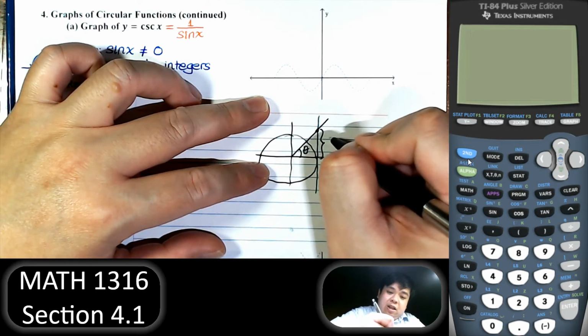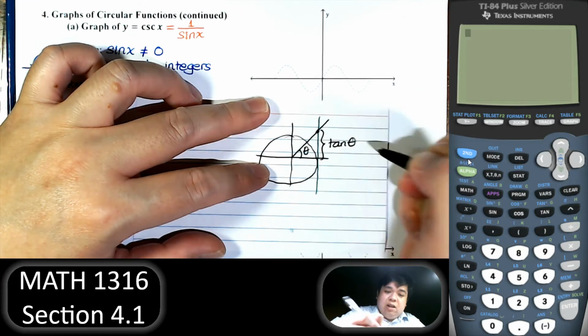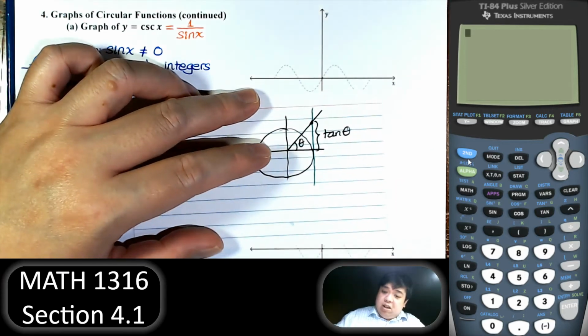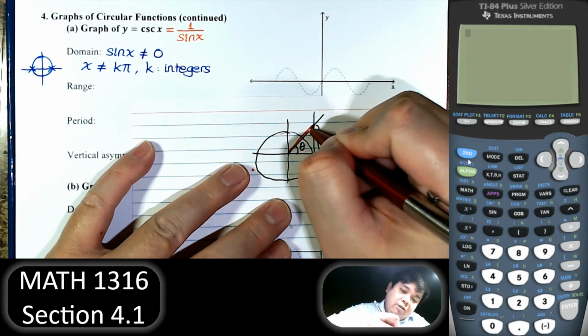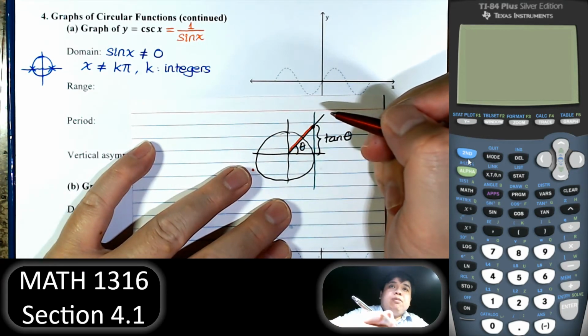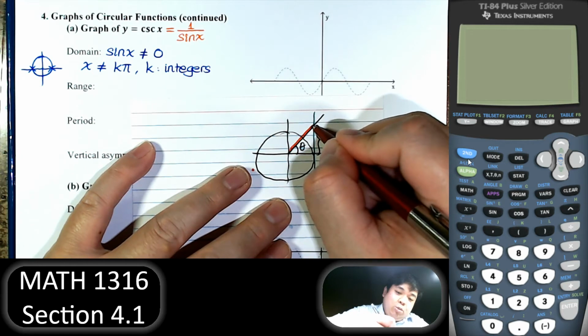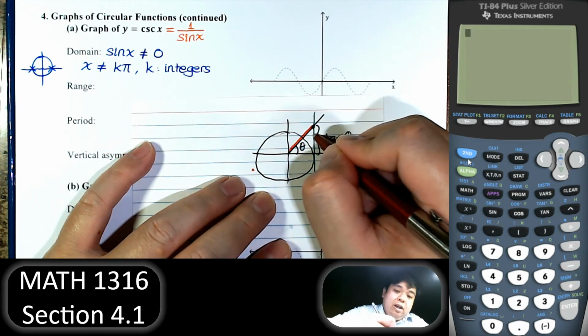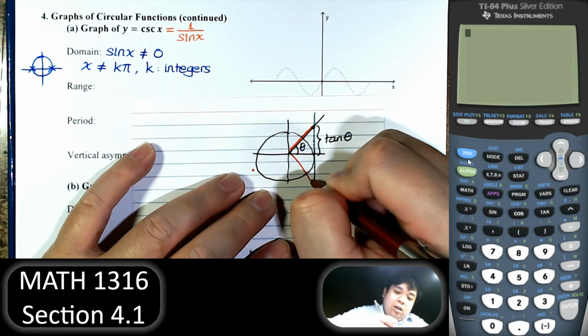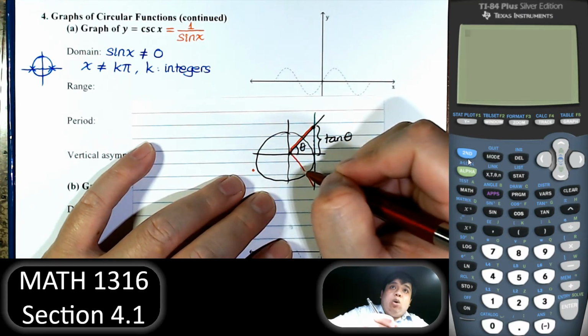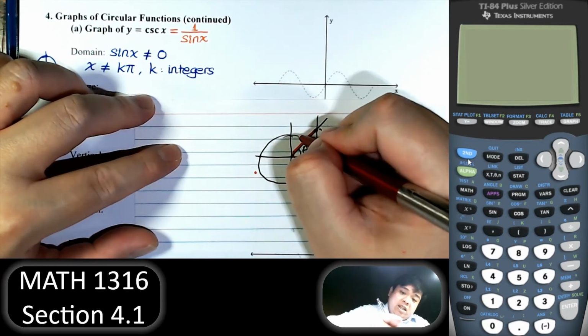This distance is tangent of theta. And the secant will be this value. And because that will be outside of the circle always, whatever point on this line connected to the origin has to be more than 1. By the way, this is secant.